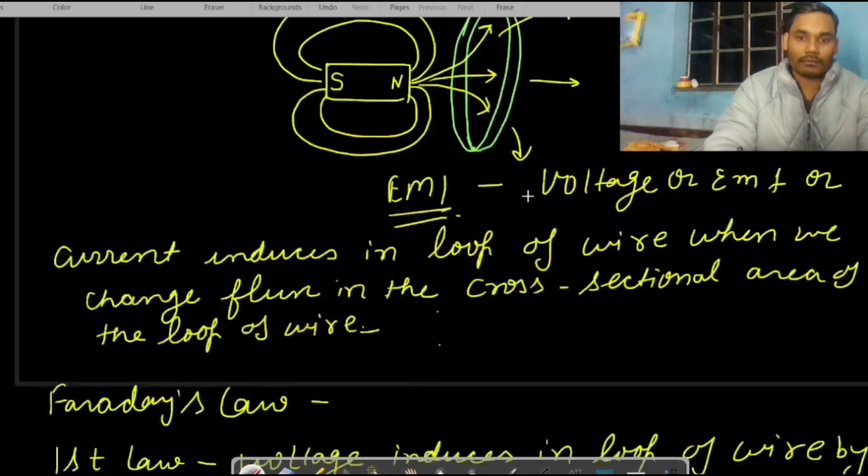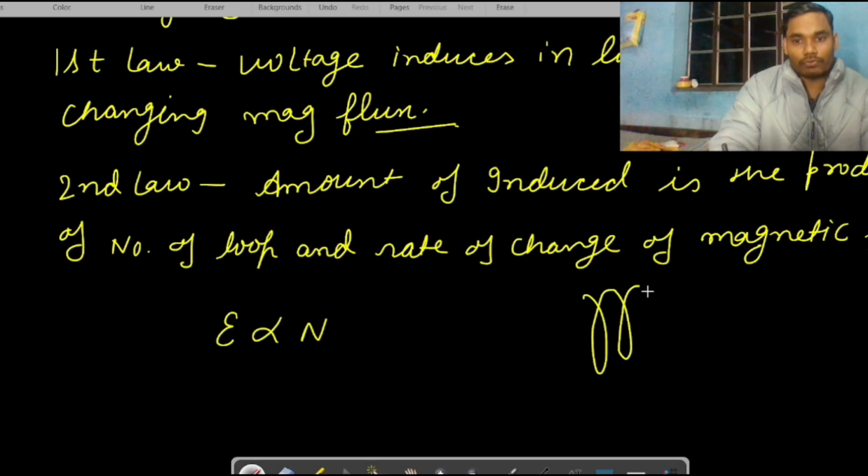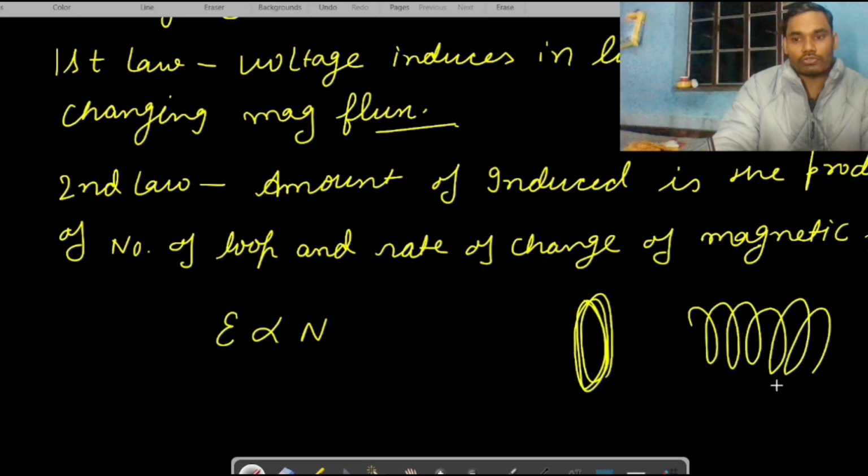Okay, so here induced EMF is directly proportional to the number of loops, one loop, two loops, three loops. So how many turns do you have in your coil? This is your coil and this is called a solenoid. So how many turns in your solenoid or coil? The EMF depends upon the number of loops.